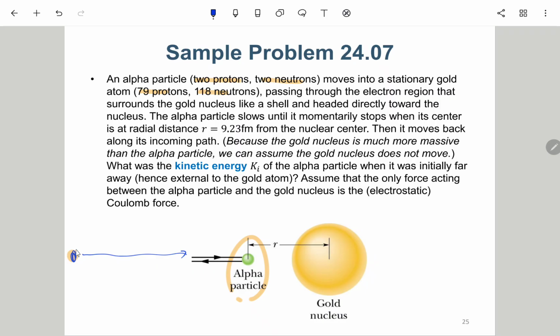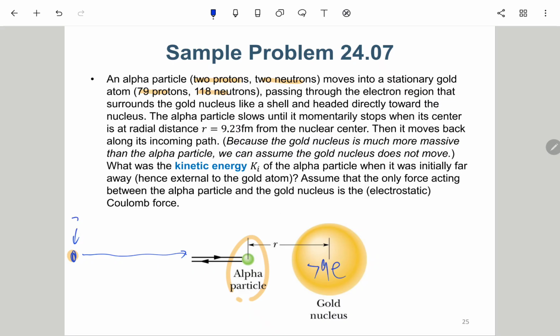Okay, don't ask how you can do that. Just assume this charge is moving closer and closer to this gold nucleus, but actually they won't hit each other, because there is a very strong electromagnetic force repelling each other. This is a very strong 79e.